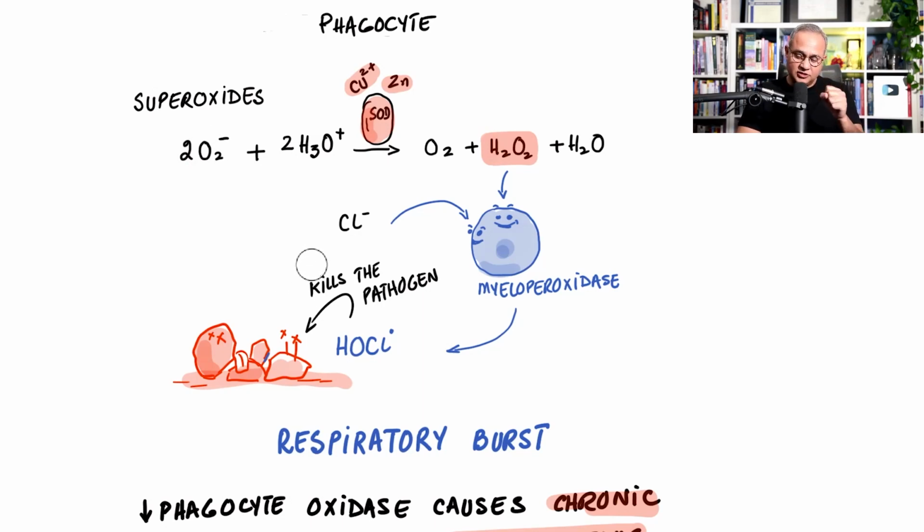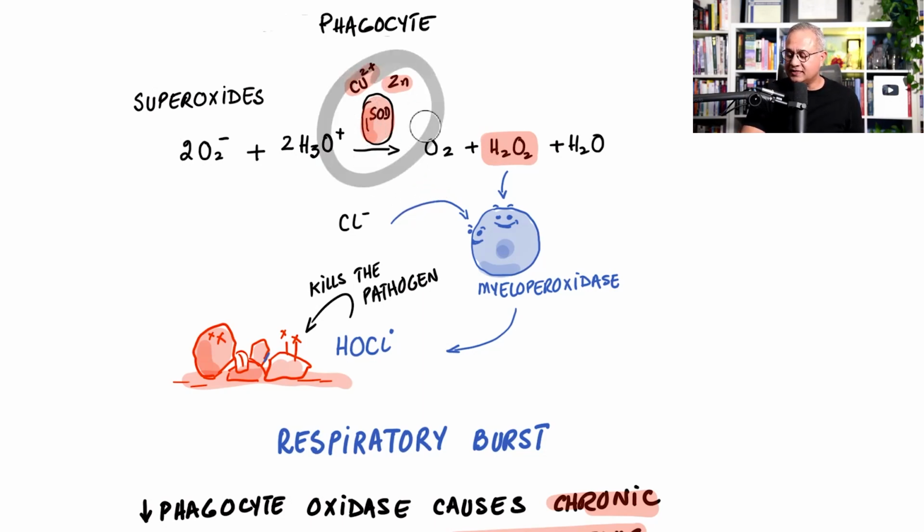They take oxygen, they use water as well, and they use this enzyme called superoxide dismutase. Now, interestingly, this enzyme uses copper and zinc. So imagine zinc deficiency or copper deficiency can actually reduce this function that would eliminate the pathogen. So we have copper and zinc and superoxide dismutase.